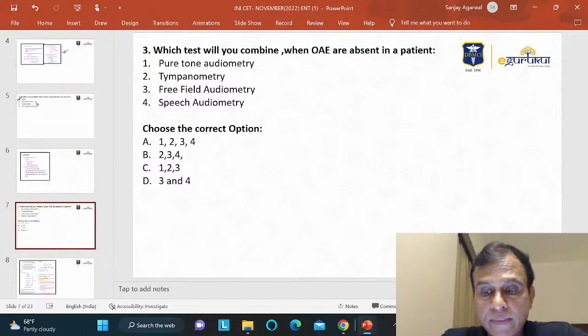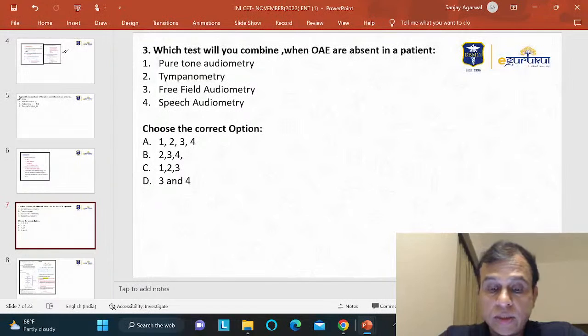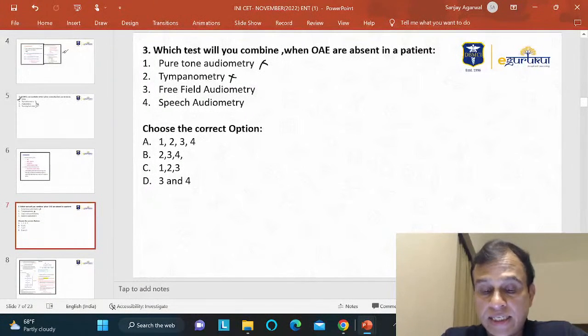Again, in this case, the best investigation is BERA, but I'm told that BERA was not given in the choices. So if BERA is not given in the choices in this question, audiometry and tympanometry have no value as far as screening is concerned.